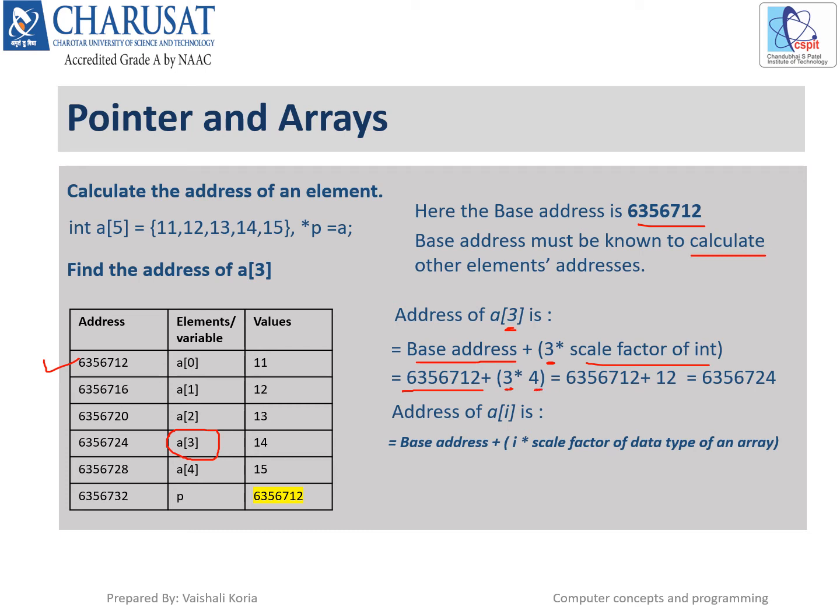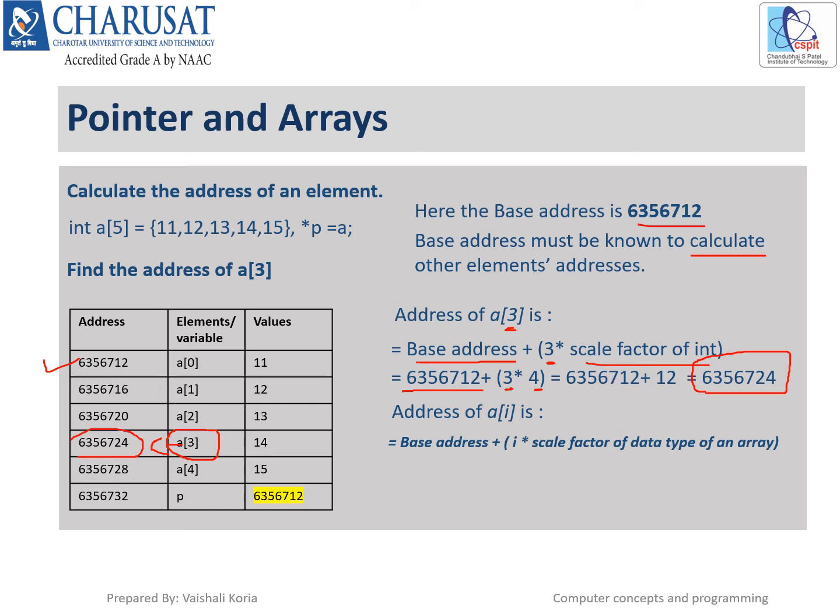So when we simplify this equation, it would be 6356724. So here you can see that the address of A of 3 is 6356724.